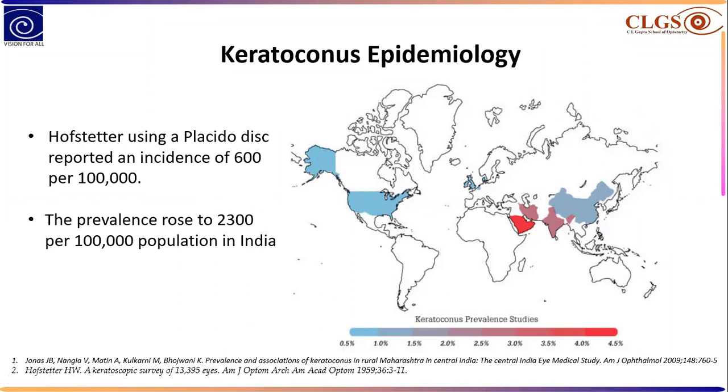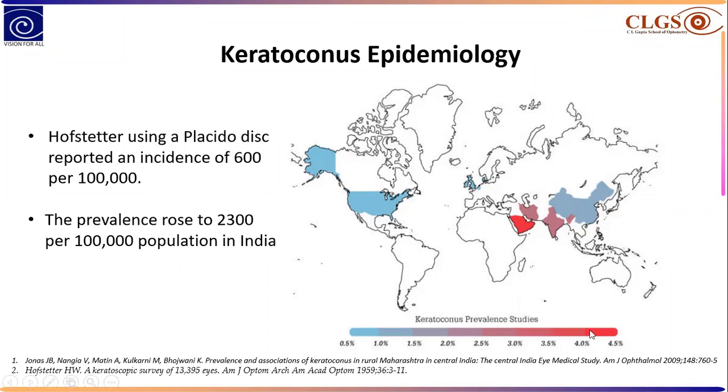And this prevalence varies from place to place. Suppose in India, in places where the environment and temperature are colder, you will see a lower prevalence of keratoconus. In areas which are dry and humid, you will see a higher prevalence. This is a worldwide map showing the prevalence, like 5%, 4%.